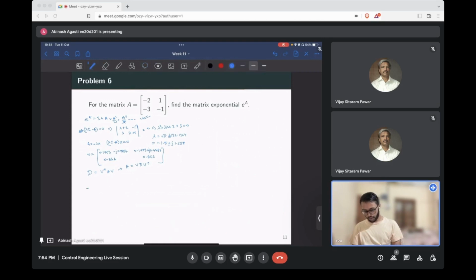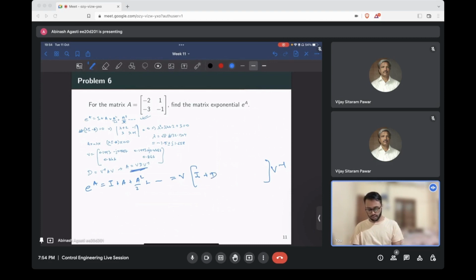Okay, e to the power A is equal to I plus A square by 2 and so on. So I can write that as V inverse, we'll just pull these out. So this is I. Then A is this thing, V D V inverse.